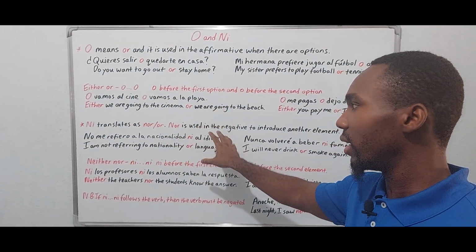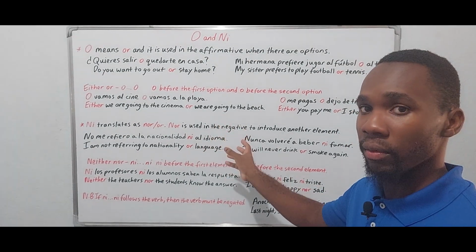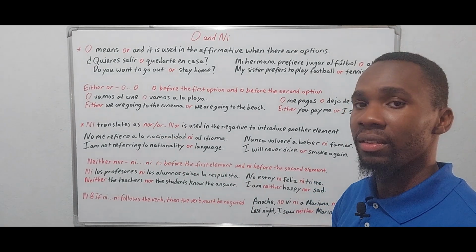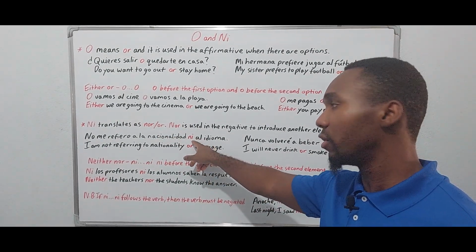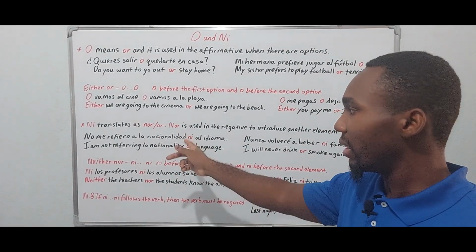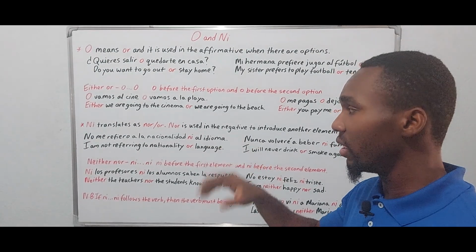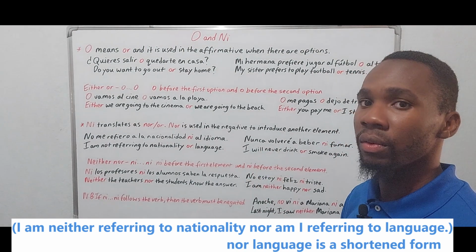So in this case, we're just using or, right? But if the verb is negated, then you really don't have to use ni before the first option, technically. So this could also translate as I am neither referring to nationality nor language.